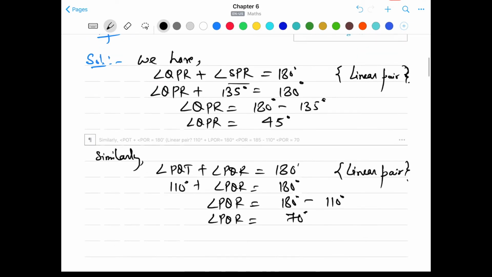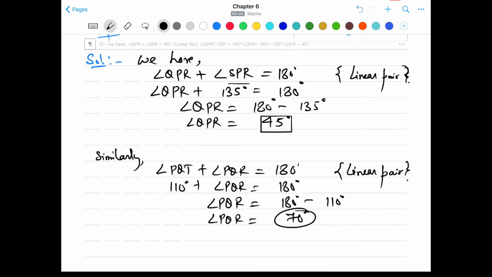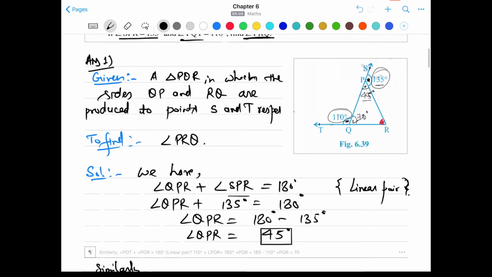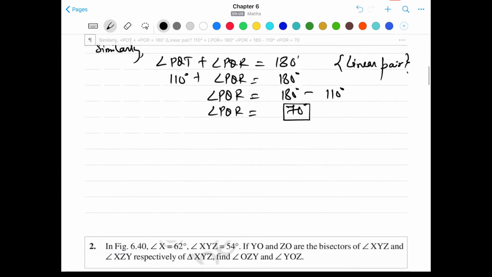So we got the measure of two angles of triangle PQR. This angle is 45 and this one is 70 degree. Now we can easily find the third one by applying the angle sum property.